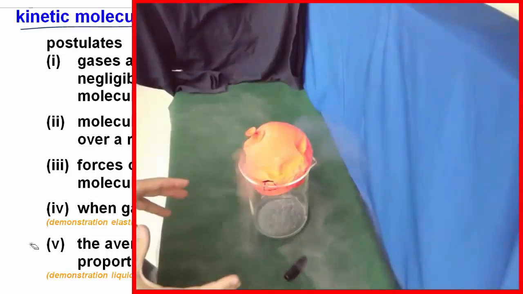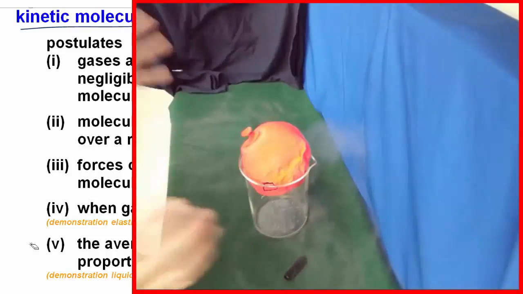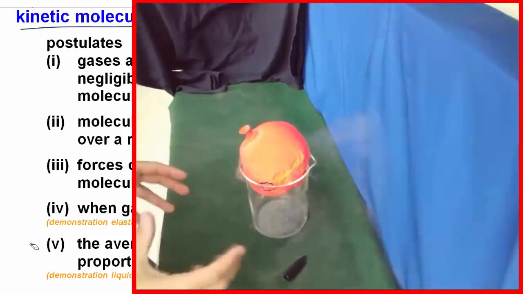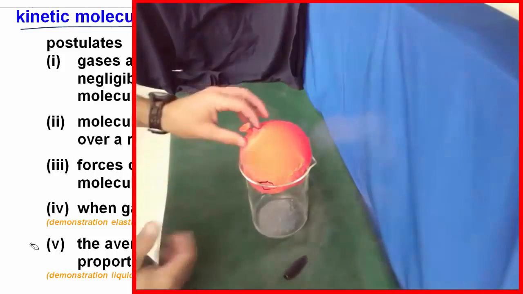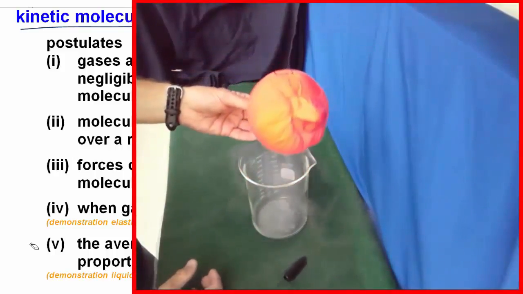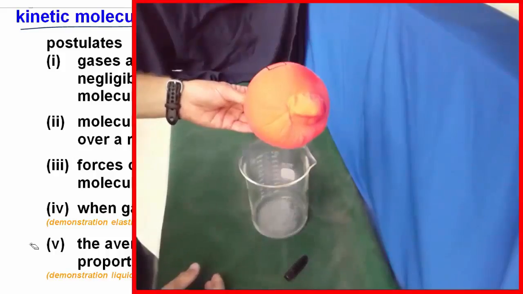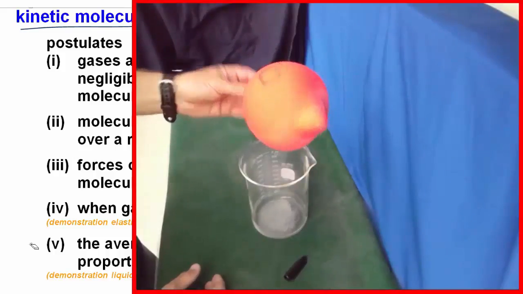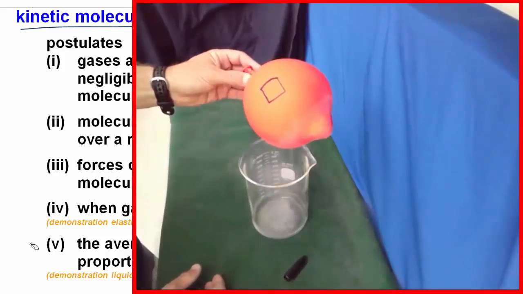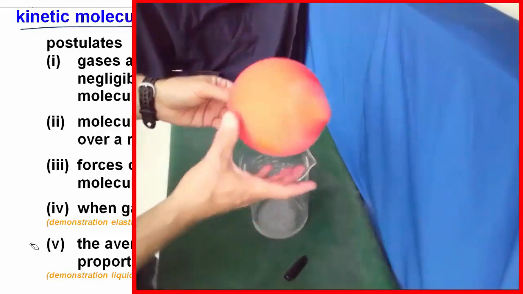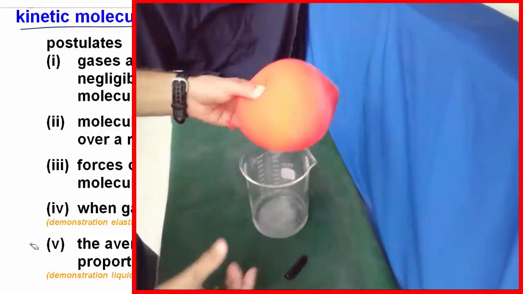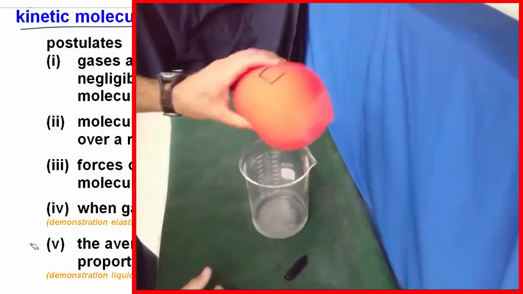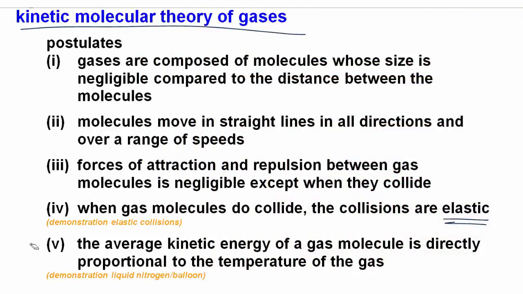Instantly, the air molecules are already starting to warm up and travel faster and increase their pressure. So the balloon goes back to its original size pretty much when you're at room temperature again, back to the original pressure.